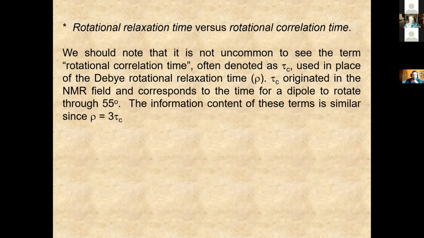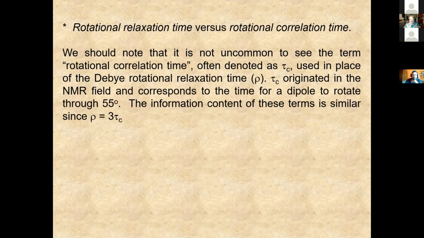I want to also point out that in the literature, you'll often see a term rotational correlation time denoted as tau sub C instead of the birotational relaxation time. Correlation times originated in the NMR field, and it's the time for a dipole to rotate through 55 degrees, the magic angle in NMR.